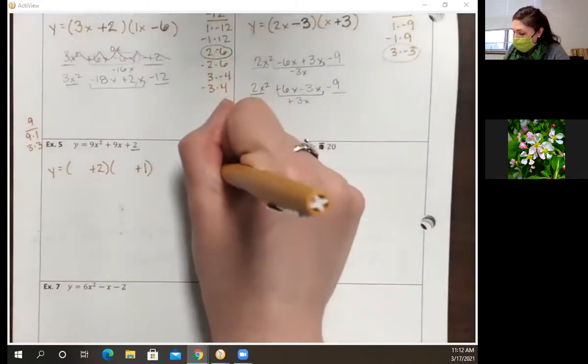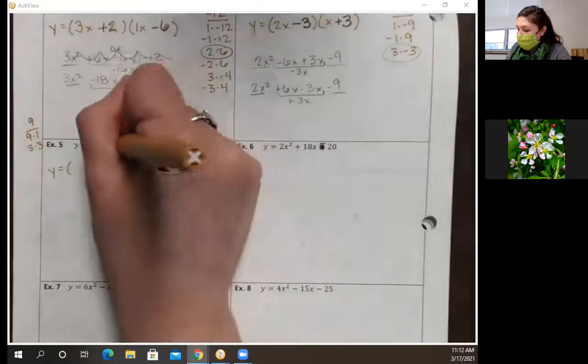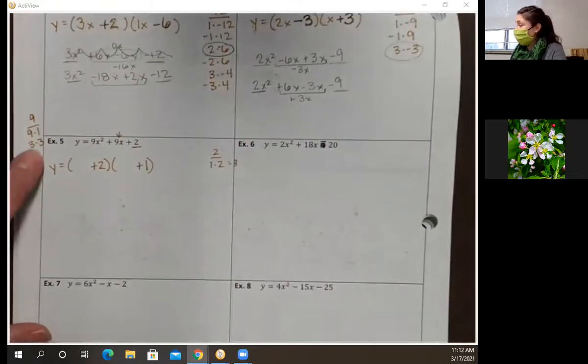So you're saying since the factors of 2, if I add those, I get 3, and I want 9, that you're saying we should use 3 times 3?